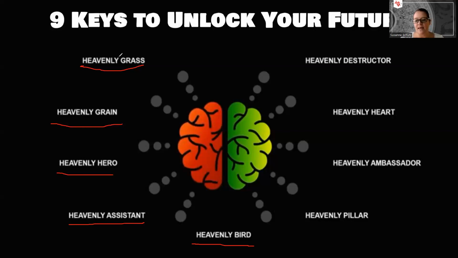Now, next up, we have the heavenly pillar. So the heavenly pillar, if you have this in your destiny palace, it's very important for you that you learn to communicate. Those are usually people who talk a lot. They are not quiet people, in my experience. You will hear them. They're noisy because they have an opinion about everything.